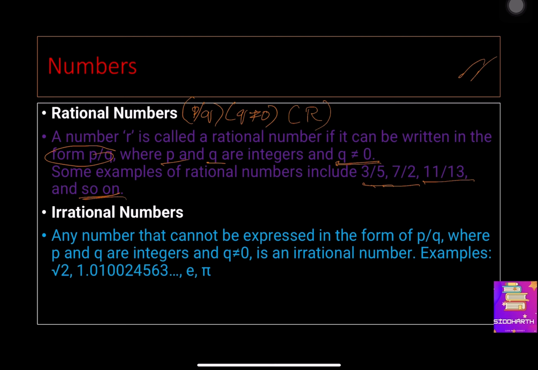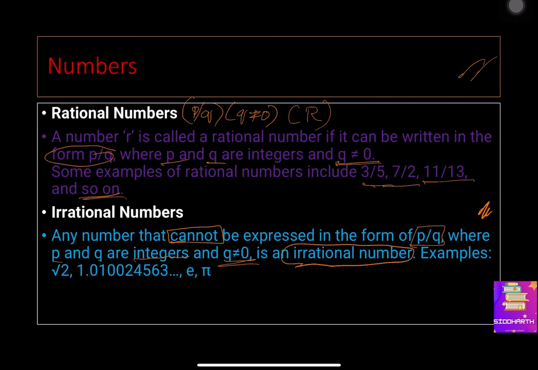Now next, this is the actual concept of number systems: irrational numbers. We will concentrate more on irrational numbers in this particular number system chapter. Any number that cannot be represented in the form P by Q, where P and Q are integers and Q is not equal to 0, is an irrational number.